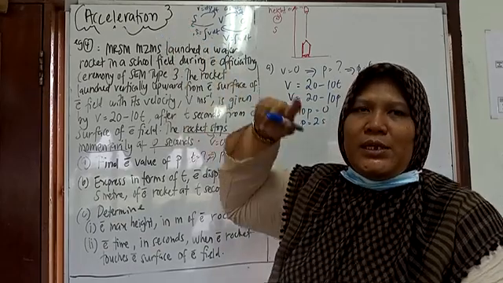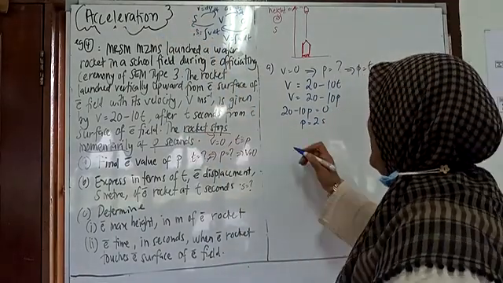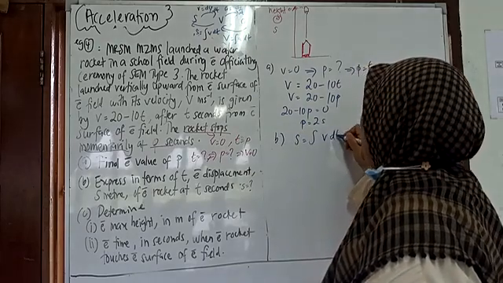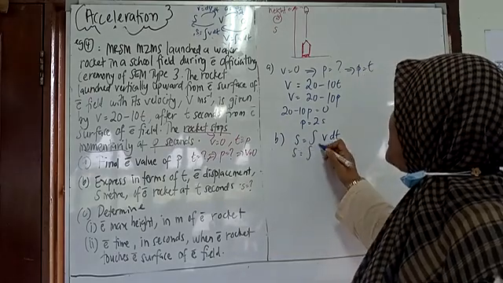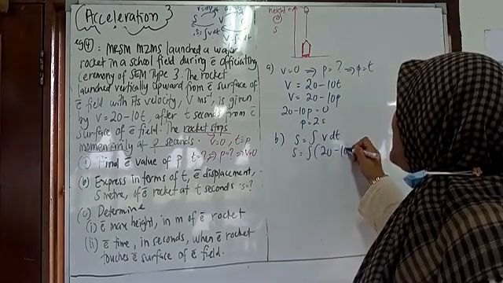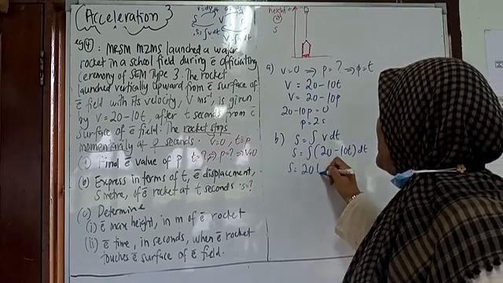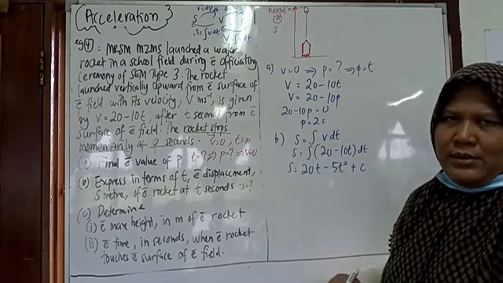We need to integrate velocity with respect to t. So for B, s equals the integration of v with respect to t. So s equals the integration of 20 minus 10t dt. So s equals 20t minus 5t squared plus c.